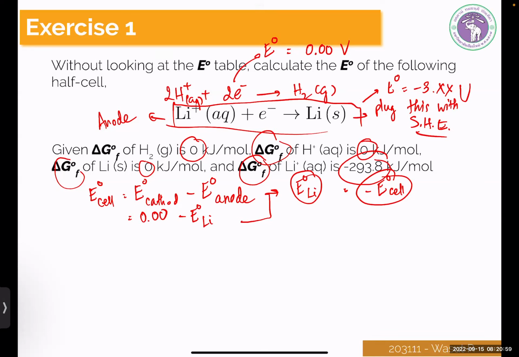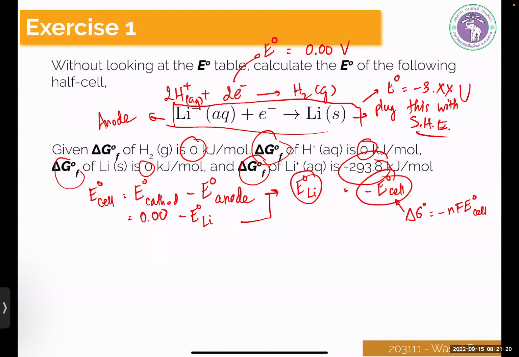Okay, so how do we find E naught of the cell? Well, from the previous slide, we know that delta G naught equals minus nF E naught of the cell, right? So of course, you can calculate E naught of the cell from delta G naught.